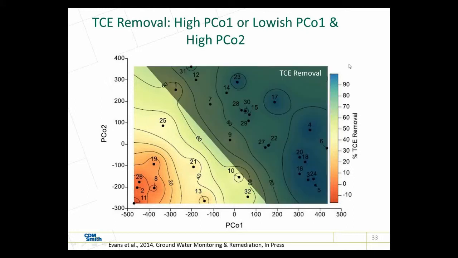And what we see here is up in the upper right-hand corner, actually about half of this, we see where we've got the zone of high TCE removal, greater than about 50–60%. And so this was associated with this high PCO1 and higher PCO2, but there were some areas where it was intermediate as well. So we're able to separate columns that did well in TCE removal from columns that did not do well in TCE removal.